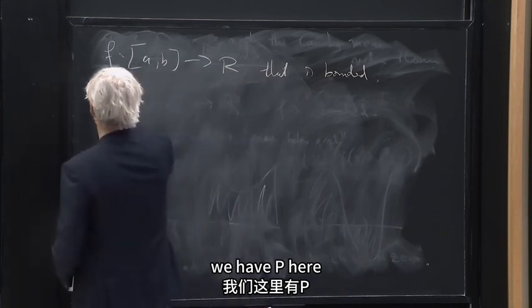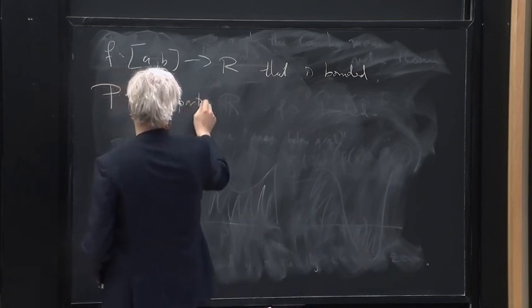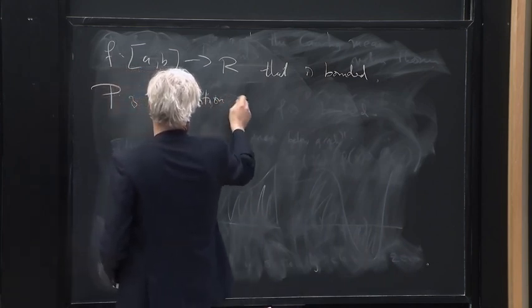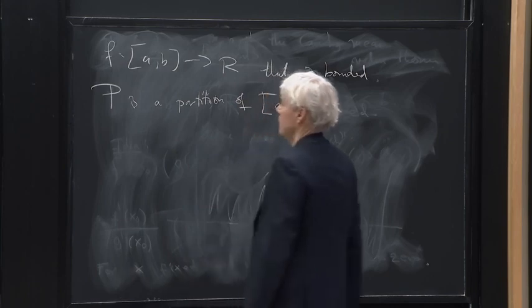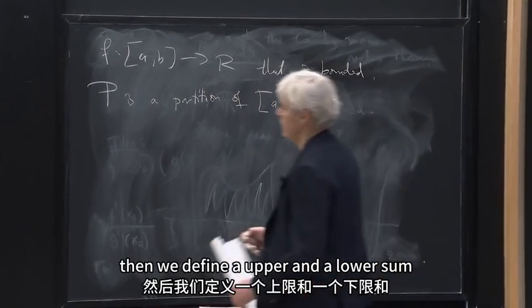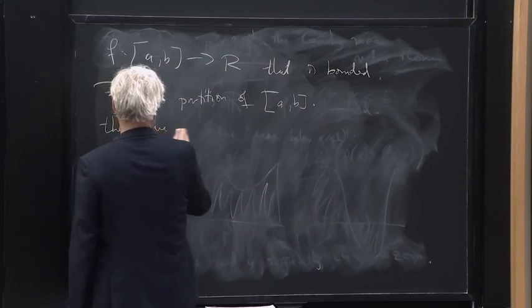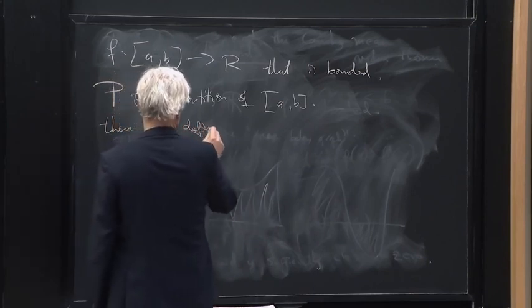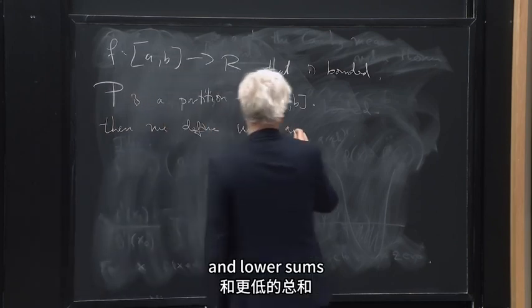We have P here, a partition of this interval. Then we define upper and lower sums.